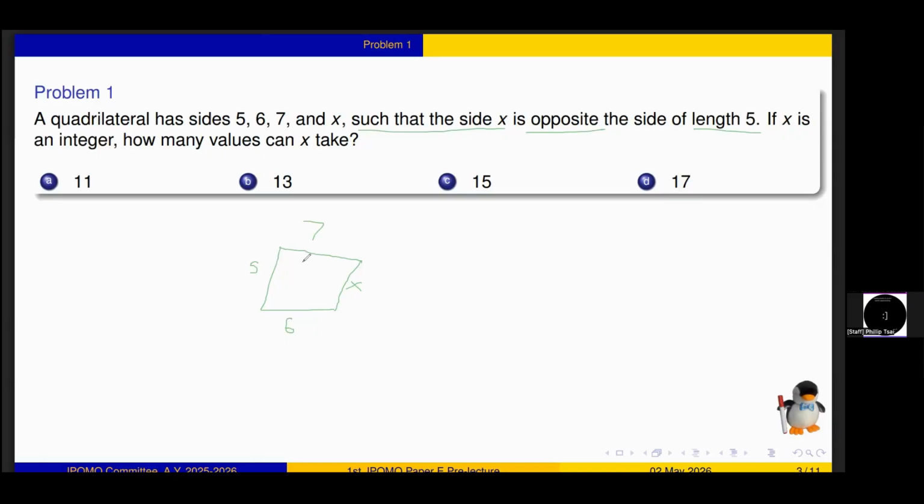So firstly, what do we know from, let's say, this triangle?